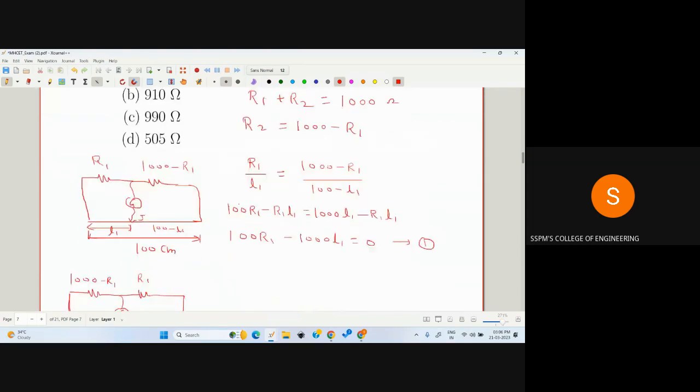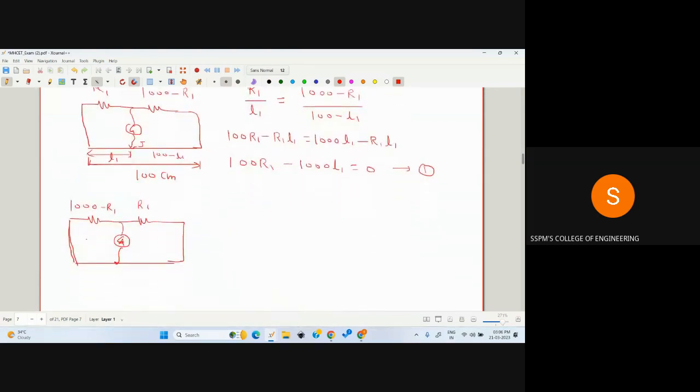So the new location would be L1 minus 10, and the length of the right hand side would be 100 minus L1 minus 10, or you may write 110 minus L1, isn't it?